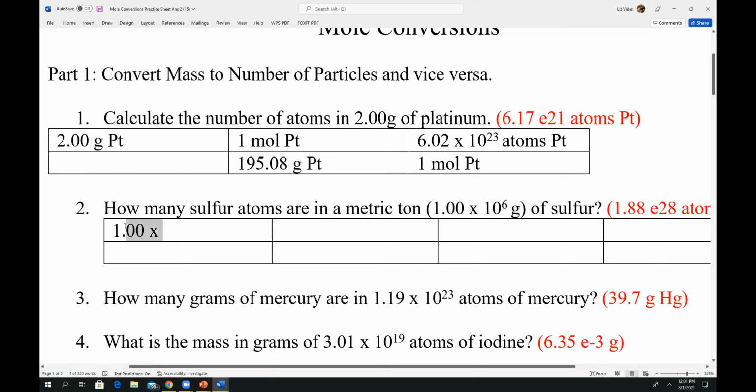Because now I don't have to worry about putting it there. All right, it says how many atoms are there of sulfur, right? So for every 1 mole of sulfur, and we know this because we know the periodic table, we have 32.07 grams of sulfur.